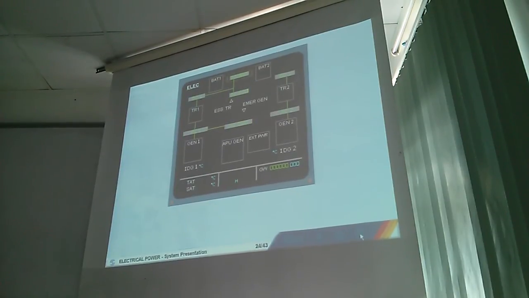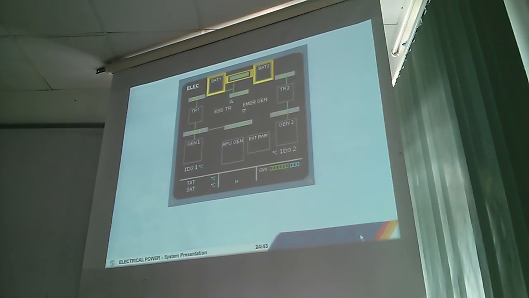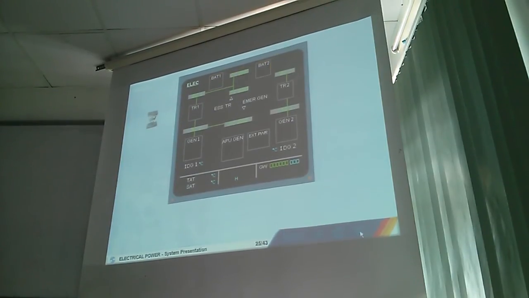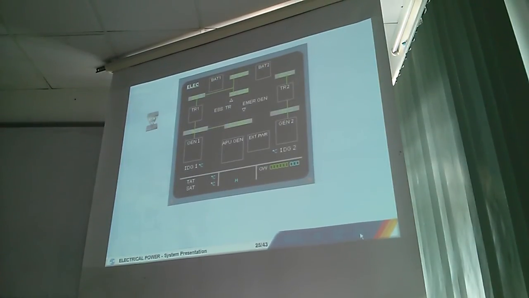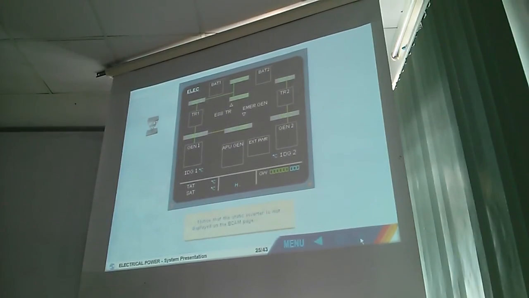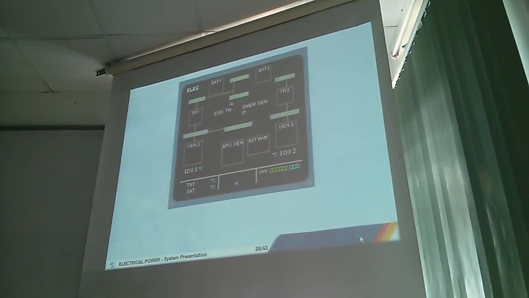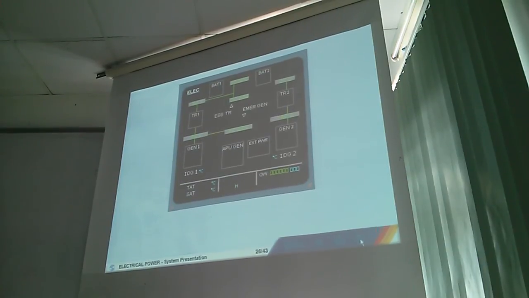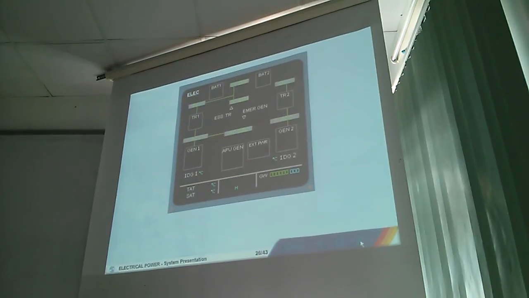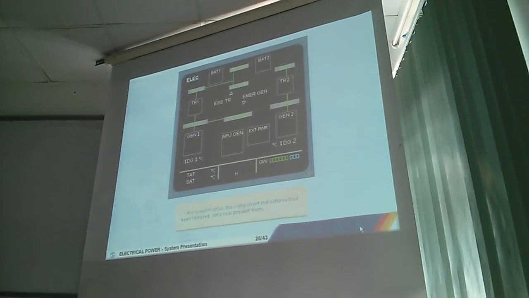The DC VAT bus and two batteries. Notice that the static inverter is not displayed on the ECAM page. For simplification, the component indications have been removed. Let's now present them.